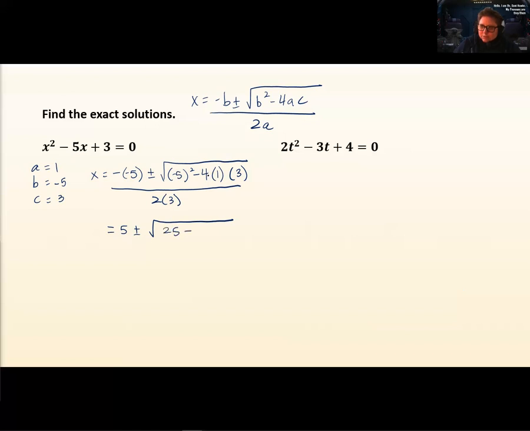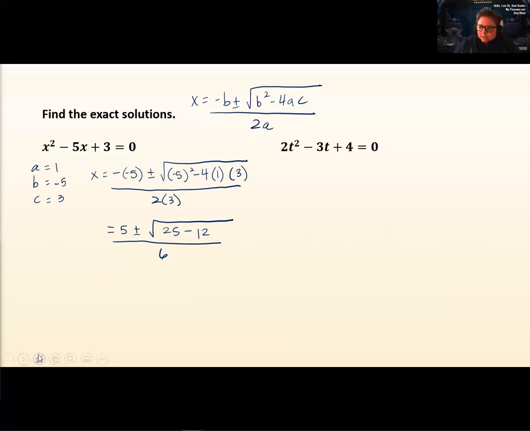And then we're subtracting 4 times 1 times 3. 4 times 1 is 4. 4 times 3 is what? 12. Good job. And this is all over 2 times 3, which is 6.